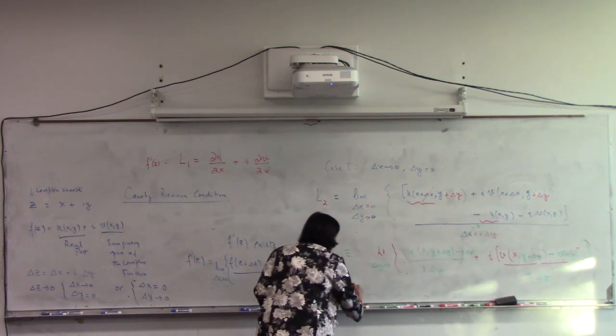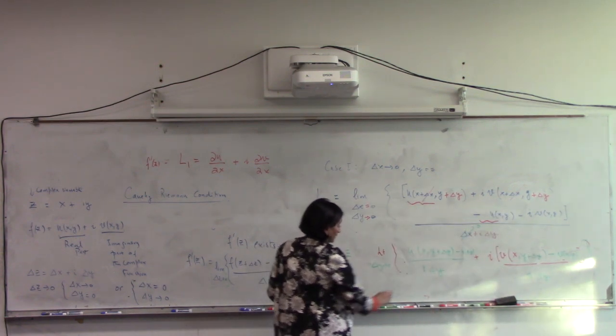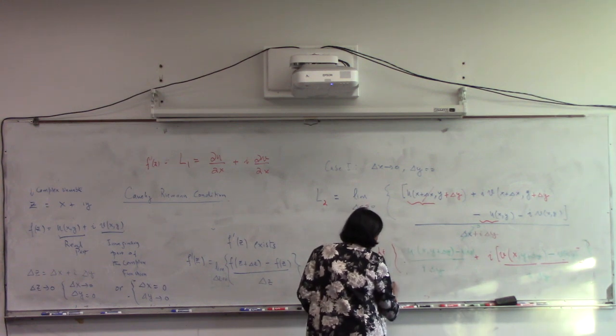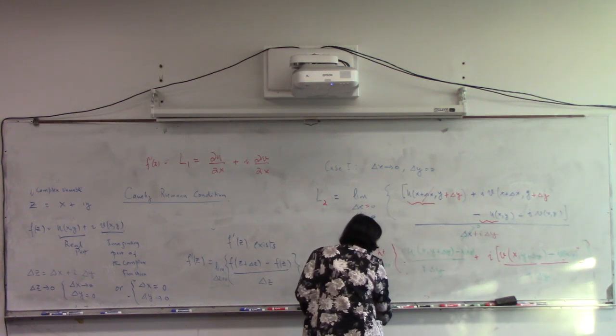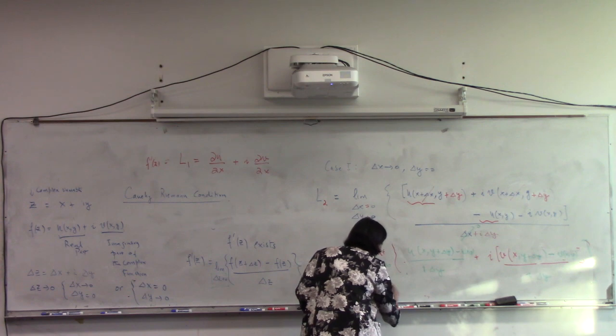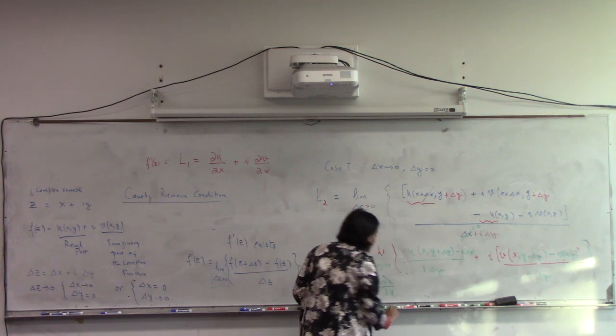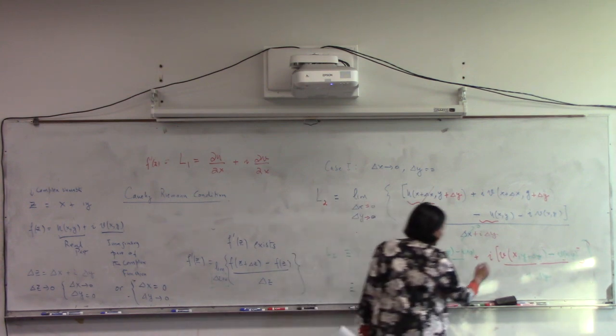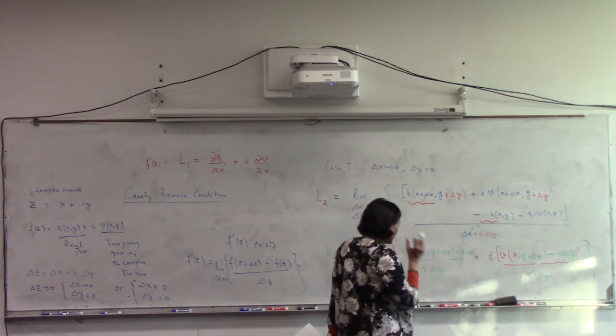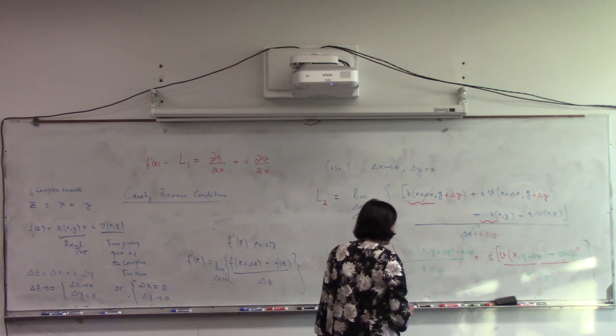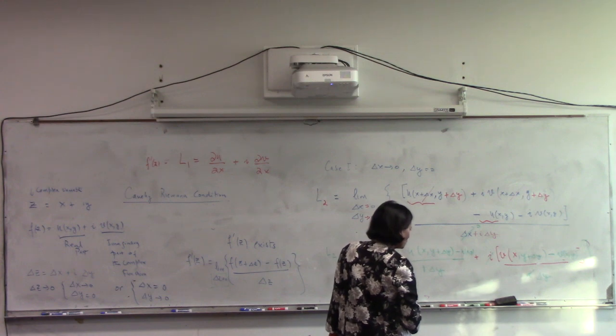So this limit gives me what? With a negative sign, right? Minus i partial u with respect to y. And here the i and i will cancel, so what is that? Partial v with respect to y.